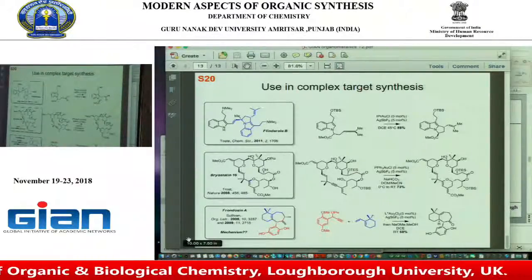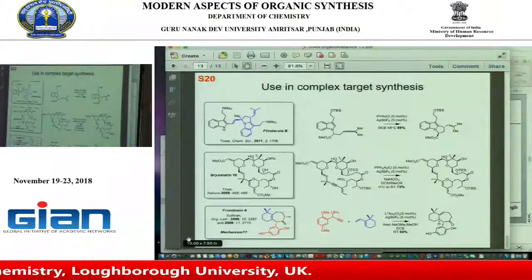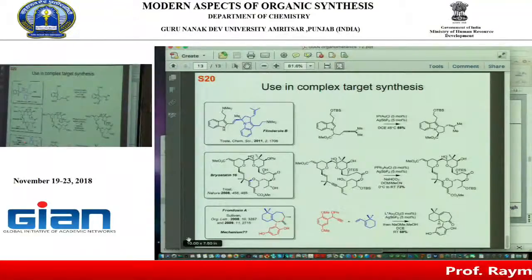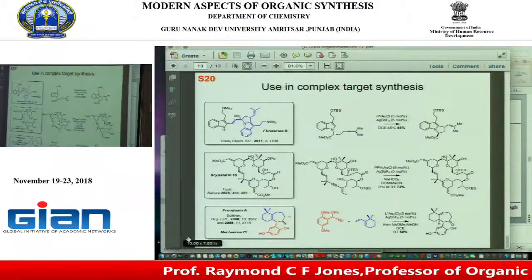It's just that there's an error here in that the methoxys are still on the ring, and there's an error there in terms of the fact it was the wrong references. It's the same natural product, but it was later than this. This was an earlier synthesis, and then the other one was added later.